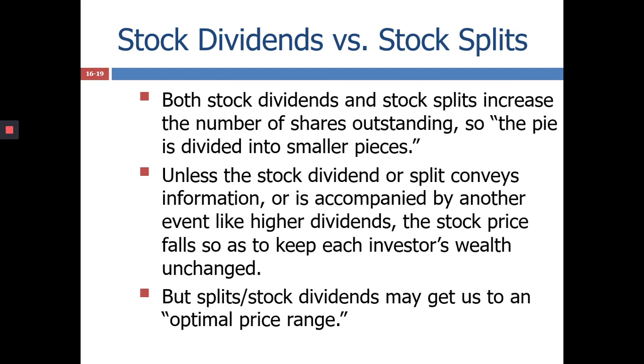It means previously, let's say the total number of shares in the company is 5 million. After stock dividend or stock split, maybe you have 10 million shares. So the pie is divided into smaller pieces.